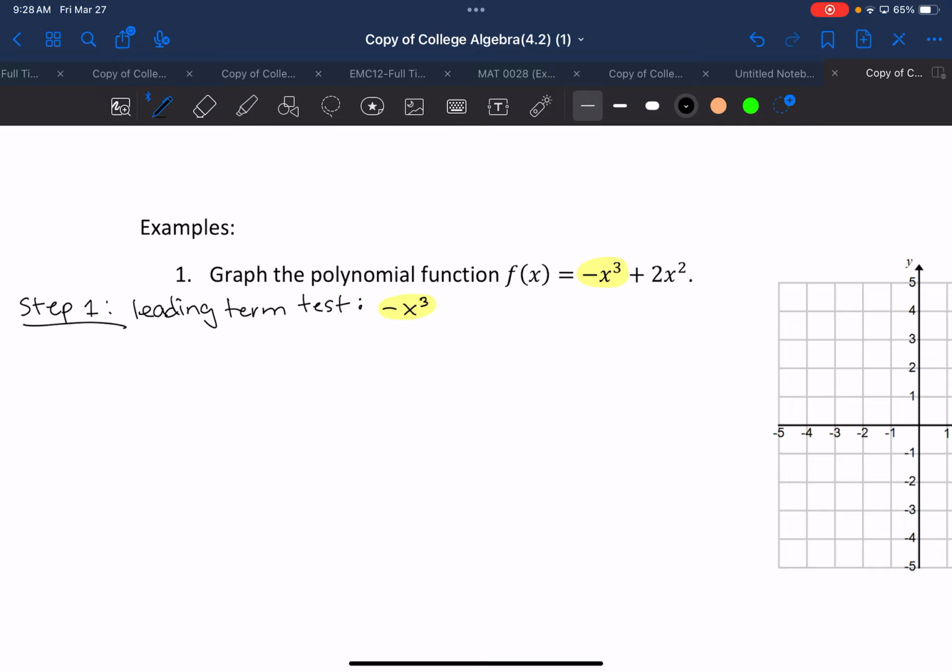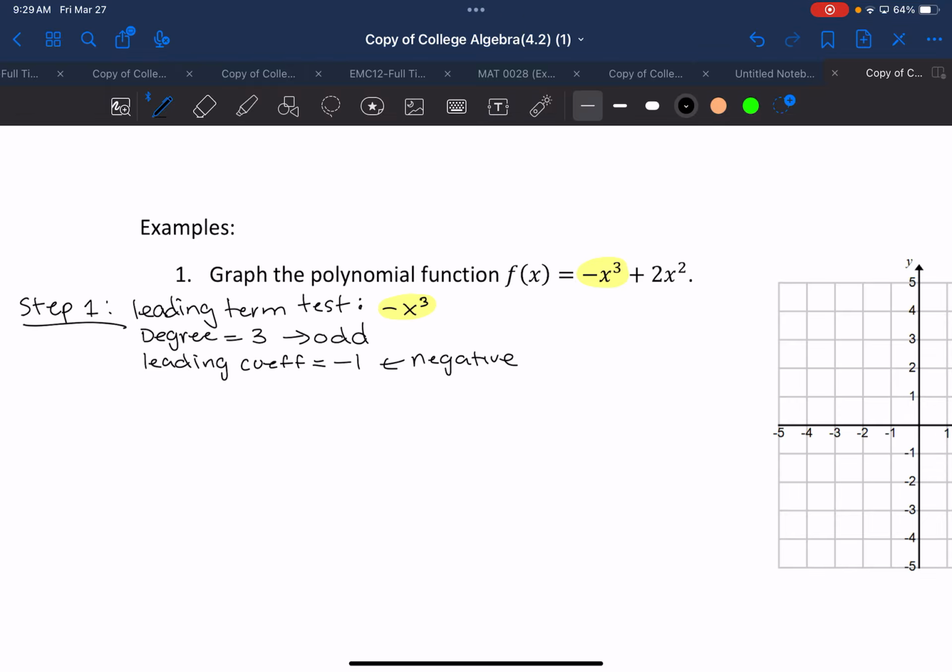And so, yes, the degree is 3, which is odd. And the leading coefficient is -1, right? Because that's negative x cubed. So technically that's -1 in front of x cubed. -1 is negative, obviously.